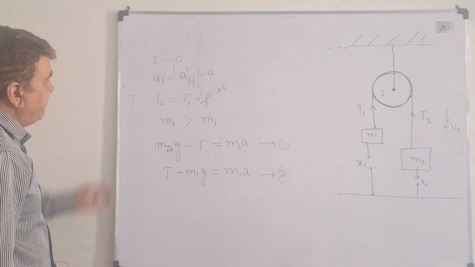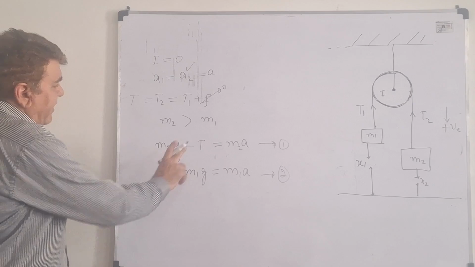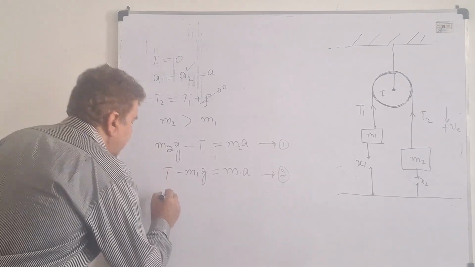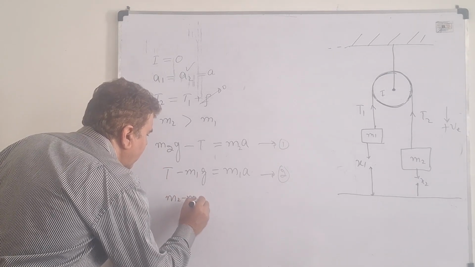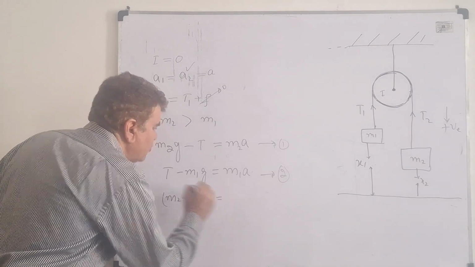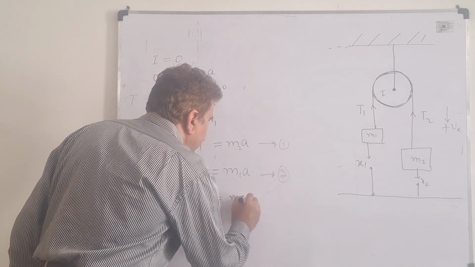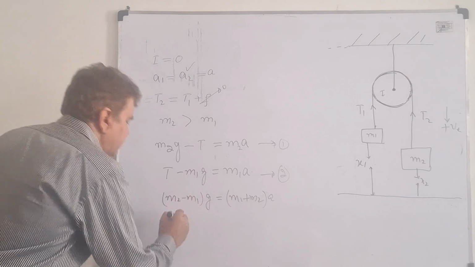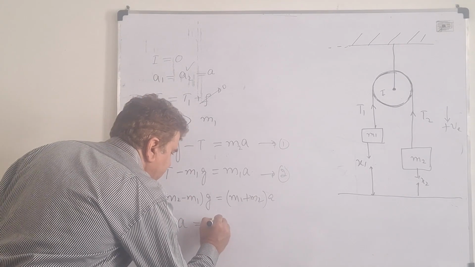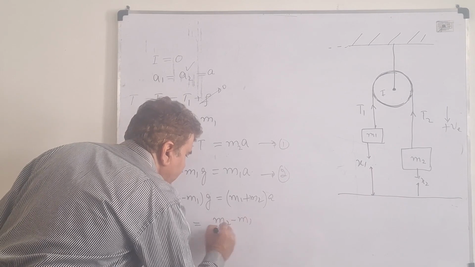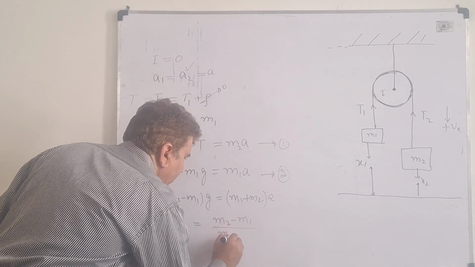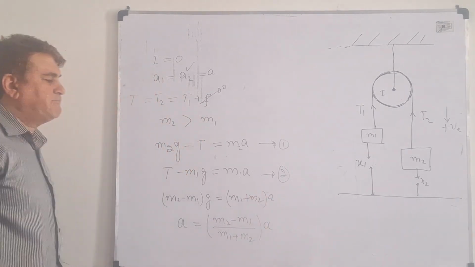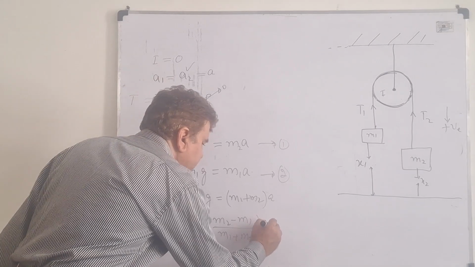Now the equations are very simplified by using these two conditions, and if I add these two equations, then the T would cancel and I'd be able to write M2 minus M1, taking G common from this side, equals M1 plus M2 times A. And I can straight away write the acceleration as M2 minus M1 divided by M1 plus M2 into G.